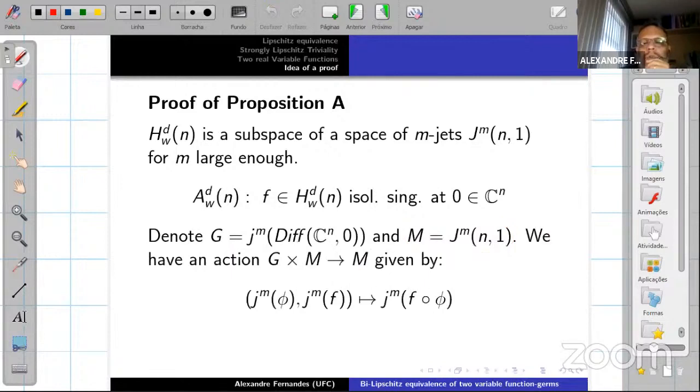You compose your function with a change of coordinates, and you truncate by this operator here. You take the m-jet of this composition. This is the m-jet of the diffeomorphism, which acts on this m-jet of F by this composition here.